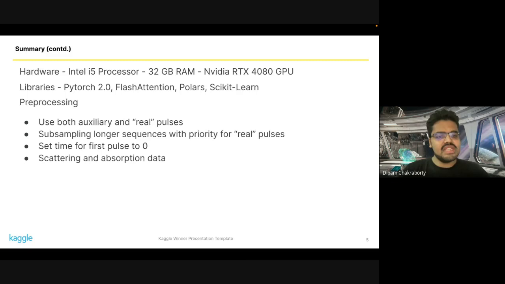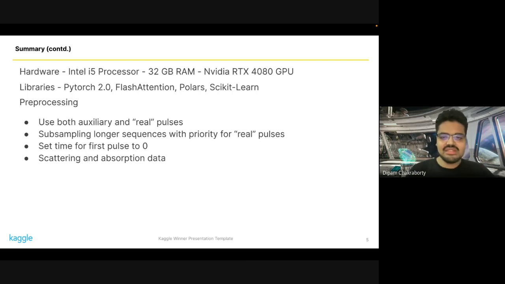Things that were important: using both the pulses was important. I did a lot of EDA on the data to see why the auxiliary pulses might be important. It does seem like sometimes the auxiliary pulses also carry some information, getting activated based on the correct direction.